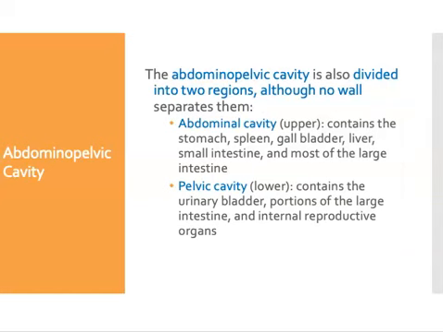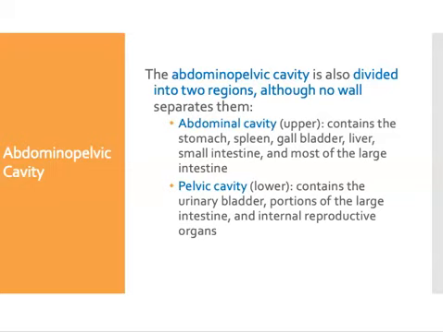Now let's think about the structures that are found within the abdominopelvic cavity. So the abdominopelvic cavity is really two separate functional cavities, although there is no structure that divides them.